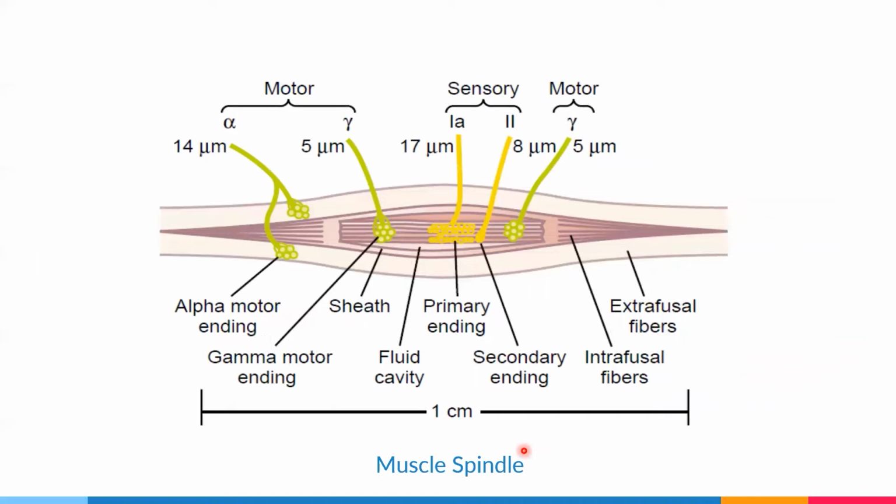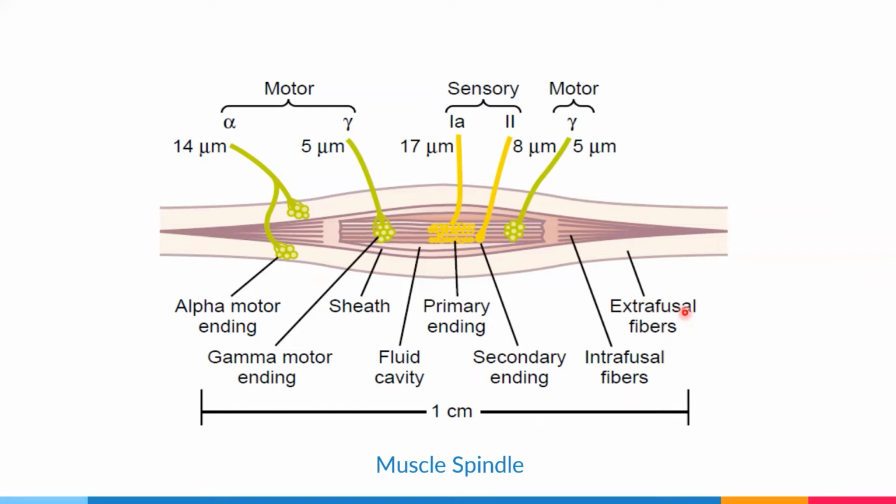So this is a schematic showing the muscle spindle, and in this particular schematic, we can see both the alpha motor fibers and the gamma motor fibers ending with the endings shown as the alpha motor ending and the gamma motor ending. And we can also appreciate that the interior of the muscle fibers have some special intrafusal fibers, which signal to the brain about the tone or the percentage of contraction that is present in the muscle.